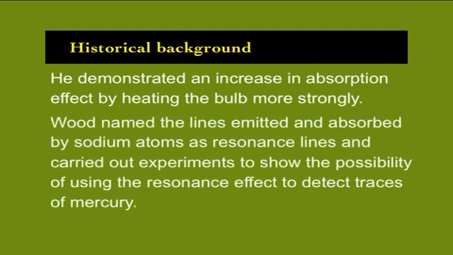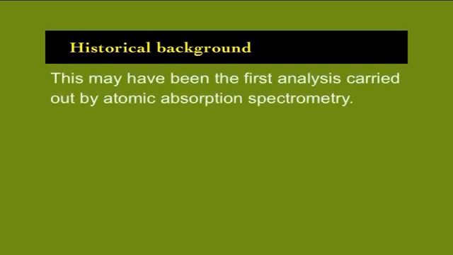Wood named the lines emitted and absorbed by sodium atoms as resonance lines and carried out experiments to show the possibility of using the resonance effect to detect traces of mercury. This may have been the first analysis carried out by atomic absorption spectrometry.